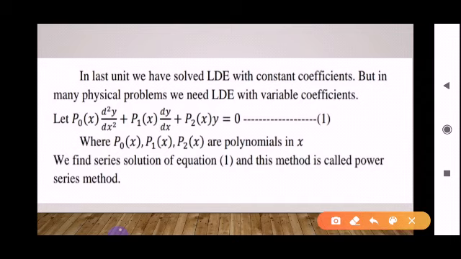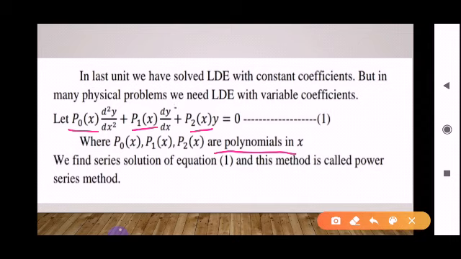If we replace a0 by p0 of x, a1 by p1 of x and a2 by p2 of x, we get the differential equation p0 of x d2y by dx square plus p1 of x dy by dx plus p2 of x into y equal to 0, where p0 of x, p1 of x and p2 of x are polynomials in x, means these are functions of x. Such differential equations are called linear differential equation with variable coefficients.